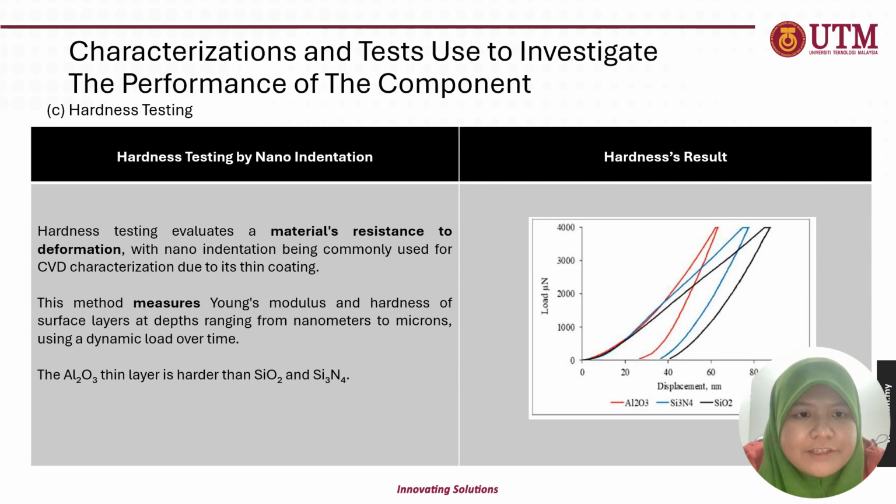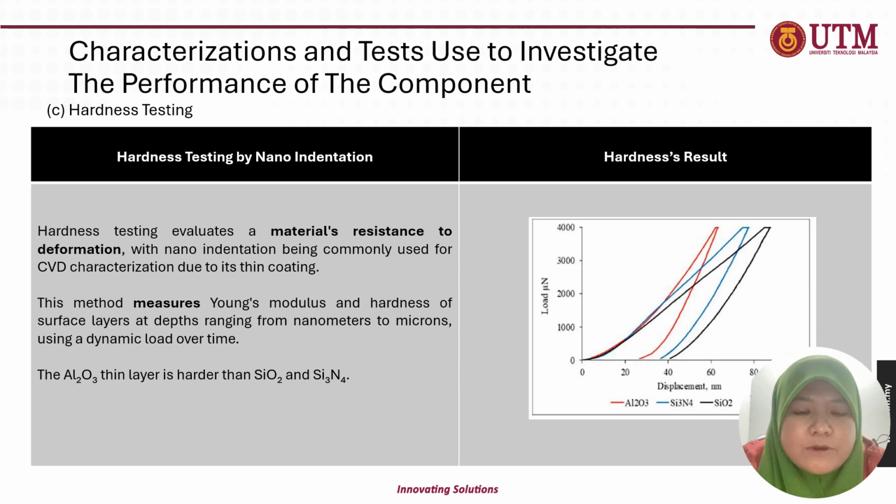The last characterization method is hardness testing by nano indentation. Hardness testing evaluates a material's resistance to deformation. Since CVD coating has micrometer thickness, the most suitable hardness tester is nano indentation. This method measures Young's modulus and hardness of the surface layer at depths from nanometers to microns using a dynamic load over time. From the hardness result, we have load and displacement or depth.